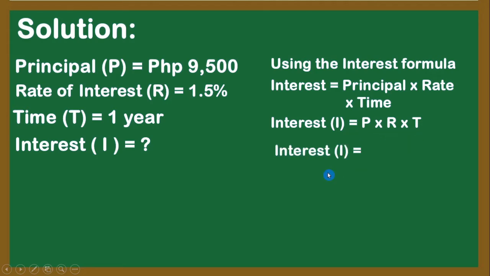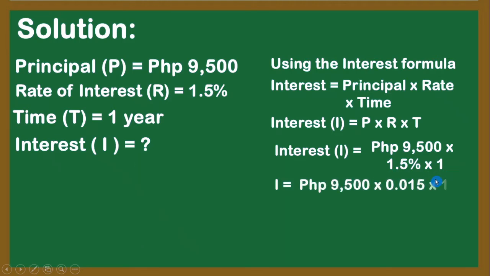Then substituting in the formula, we have the principal as 9,500 pesos times the rate of interest, 1.5%, and the time is 1. And then we have I equals 9,500 pesos times 1.5% converted into decimal form, which is 0.015, times 1.